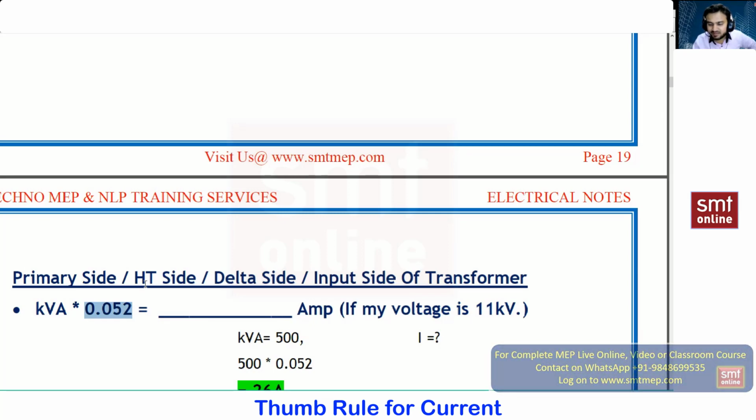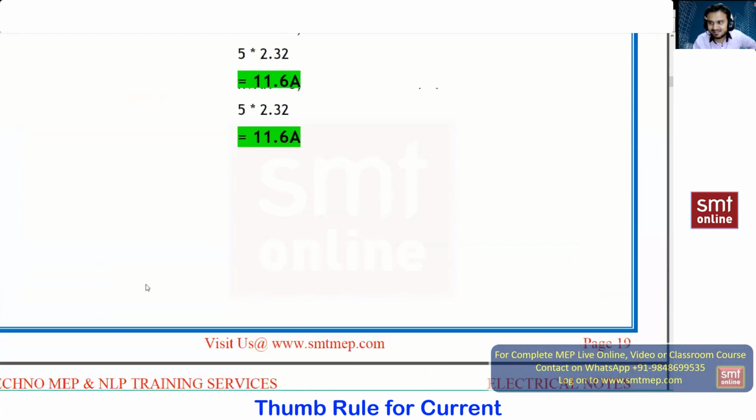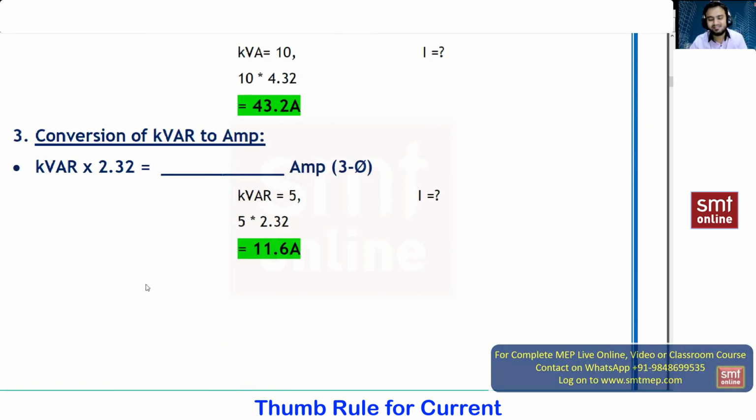For 13.8, it is 0.041. And for 22 kV it is 0.026, because 22 is double of 11. For 11 it is 0.052. Okay, fine. I agree.